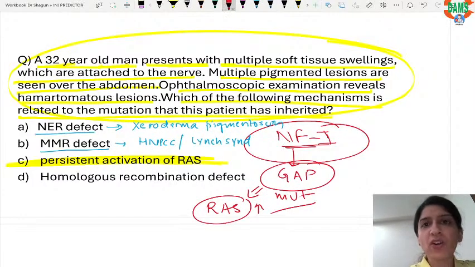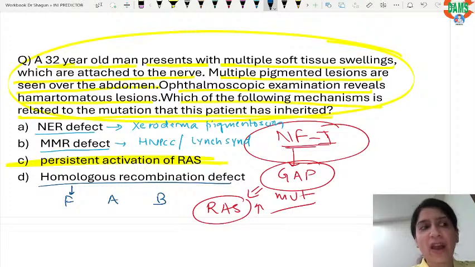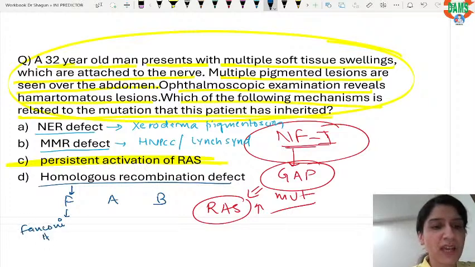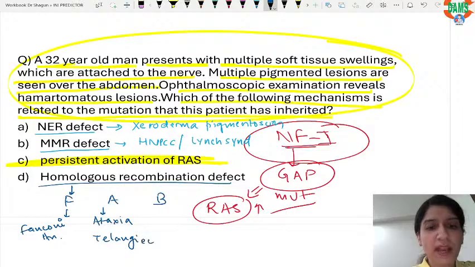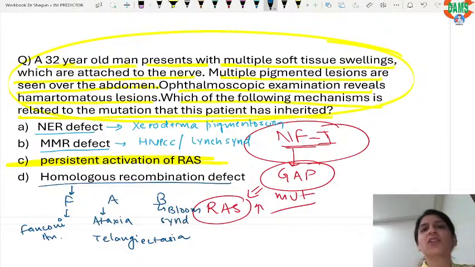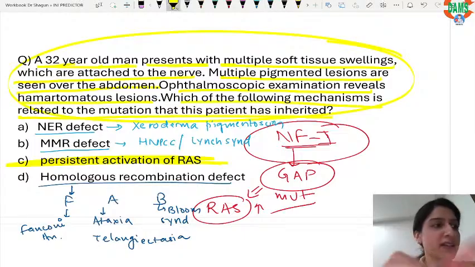Next is your homologous recombination repair defect. Mnemonic, you remember, that was in the class: FAB. FAB means the patient is going to have Fanconi anemia, ataxia telangiectasia, and B for Bloom syndrome. These are your DNA repair defects. Clear to everyone?